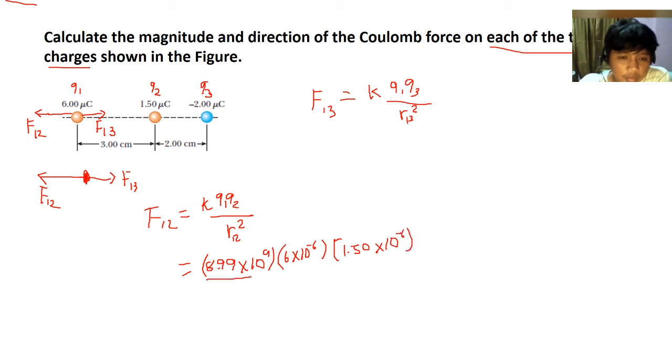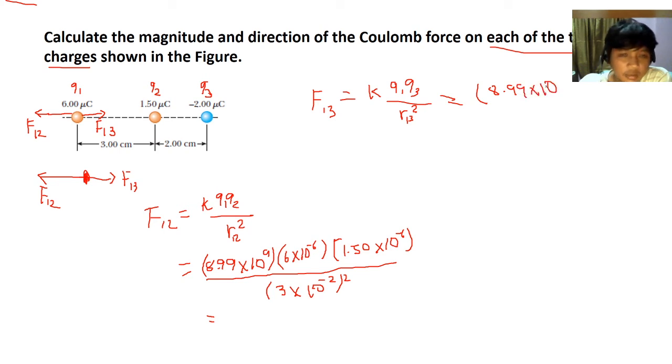And r12 is the distance between Q1 and Q2, which is 3 centimeters, and I'm going to square that. Don't forget to square. That's also a common problem. Students forget to square.